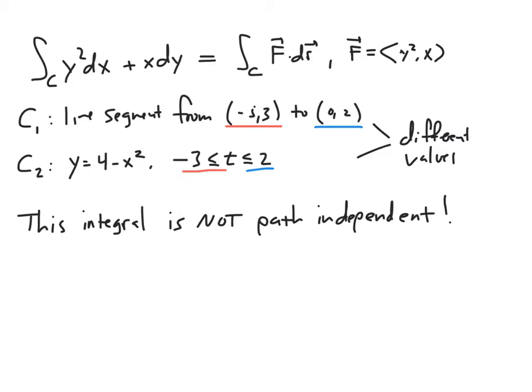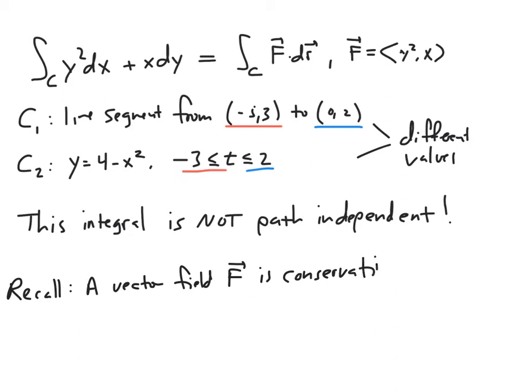And so in order to get a result that states an answer to that question, let's quickly recall a definition. We say a vector field F is conservative if that vector field is the gradient vector field for some function f.